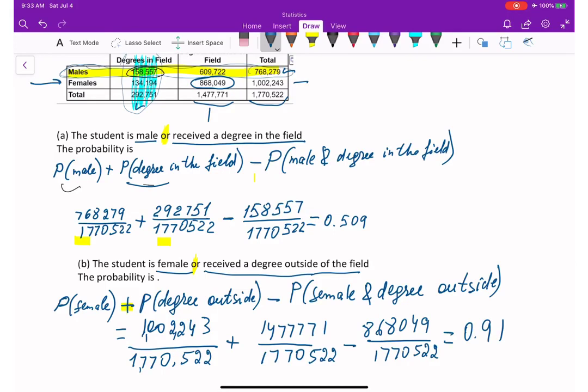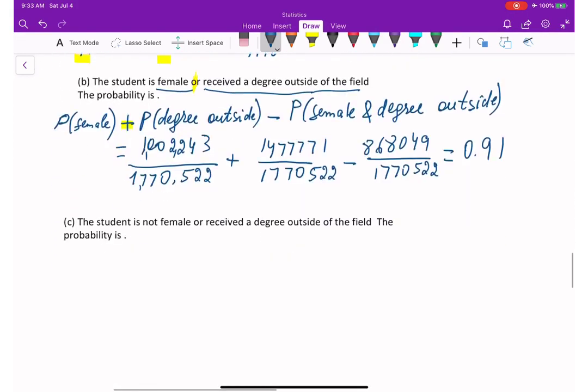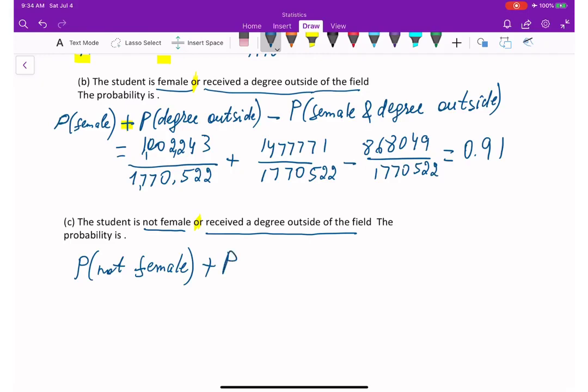Okay, next one. The student is not female, which is asking for male. So is not female, or, it's asking or, which means I know already I have to add receives degree outside of field, receives degree outside.